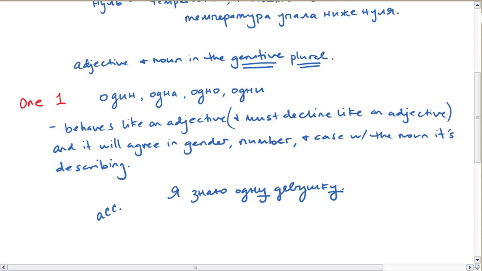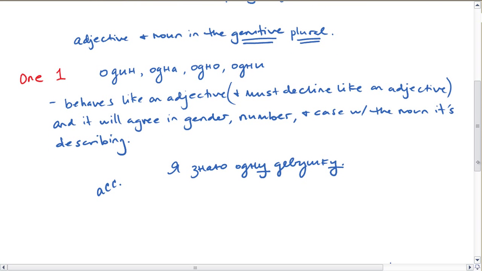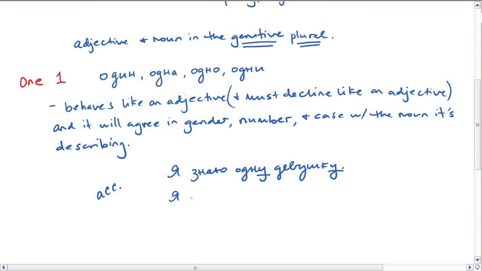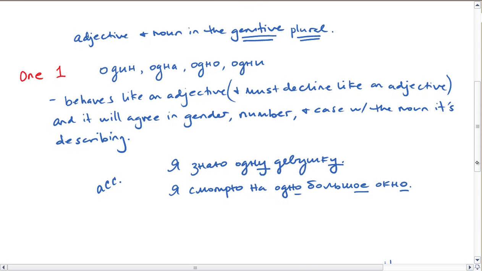We have the accusative case ending for both the number 1 and our direct object, which is the girl. Я смотрю на одно большое окно. So we see everything agrees. Our adjectives agree with our noun.